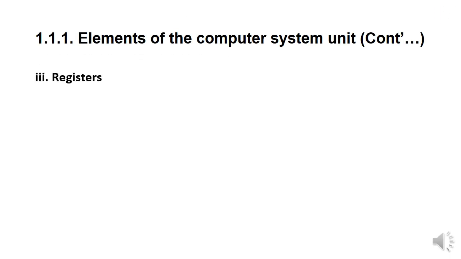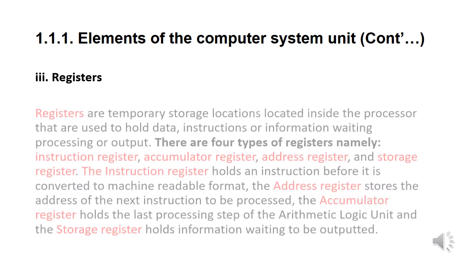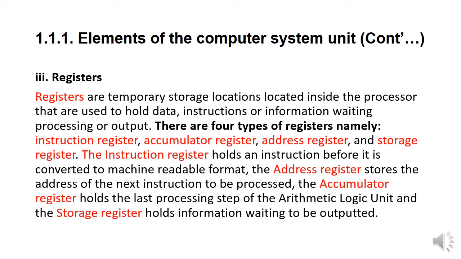We have registers, which are special types of memories found within a CPU. Registers are temporary storage locations located inside the processor.